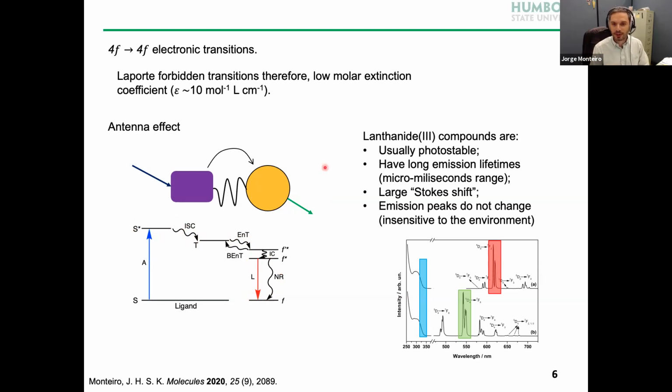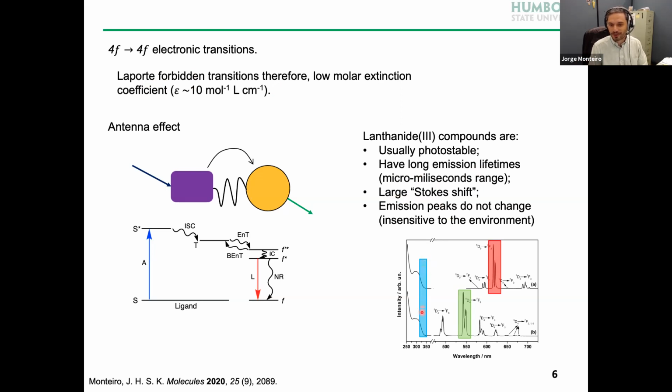So that usually yields photostable compounds. Because those are Laporte forbidden transitions, the emission lifetimes are very long, so we can go to the micro to milliseconds range. And there is a large Stokes shift.